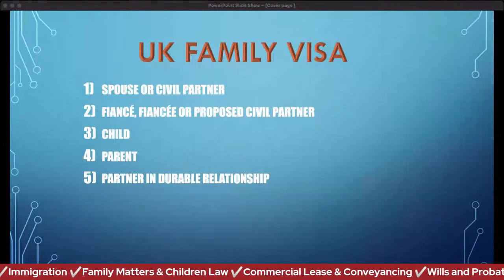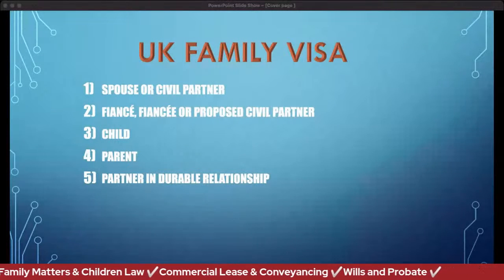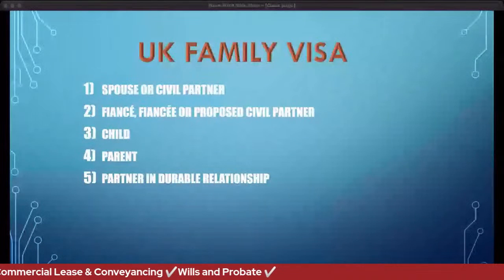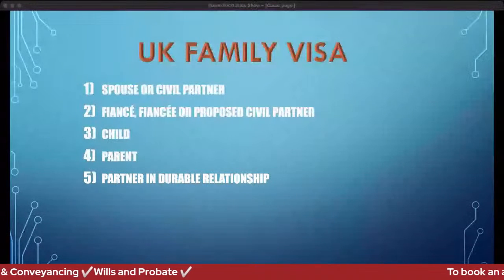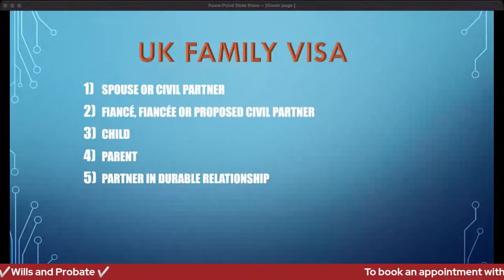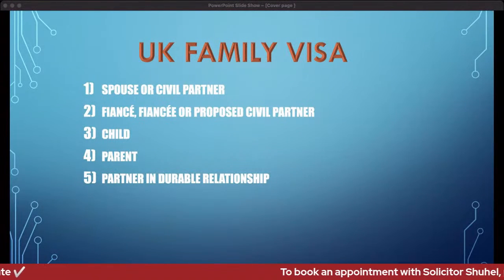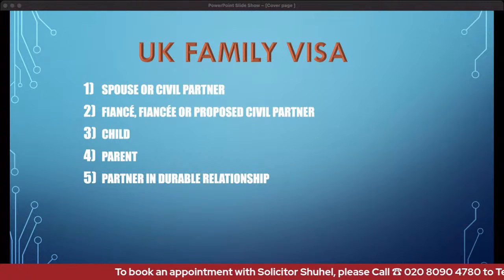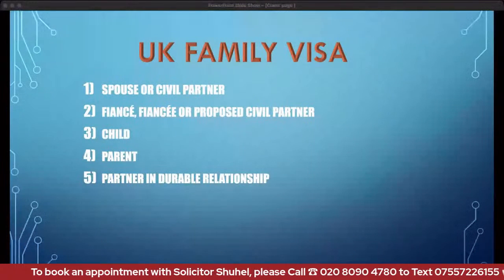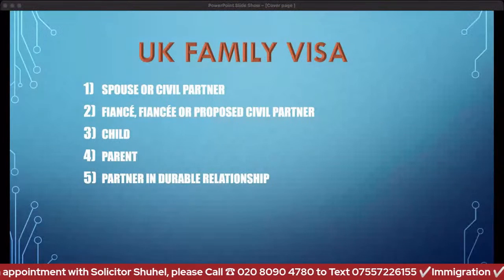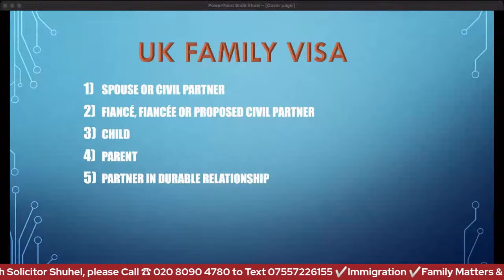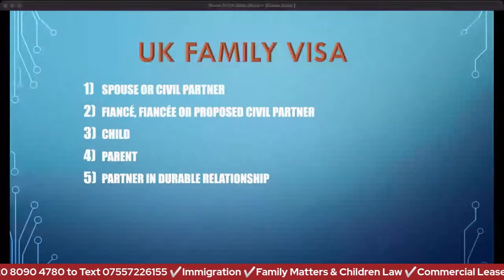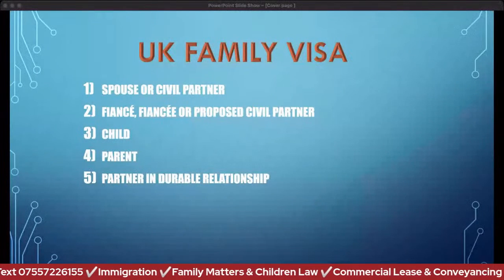The law, or the Home Office, will presume that you are akin to marriage when you have been living together for 2 years or more. You need to provide evidence of 2 years, for example joint bank statements, utility bills, tenancy agreement, proof that you are living together, traveling together, and your joint financial responsibility.